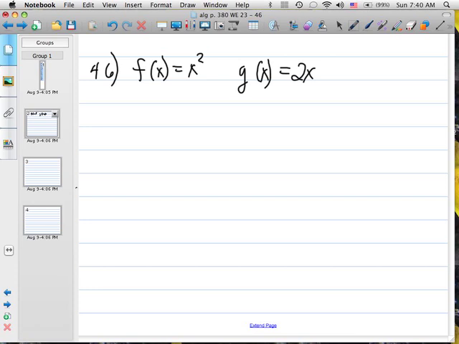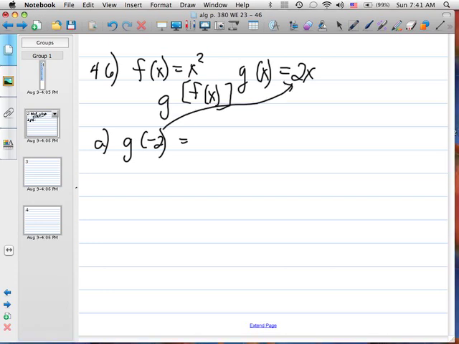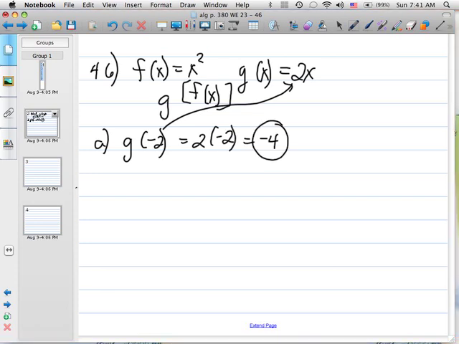And we're going to do what they call a composition of a function, where you have a function of a function. If that happens, you work out the inside function first, and whatever number you get, you put into the function on the outside. So A, we have g of negative 2. That means we're going to plug in negative 2 to that function. So 2 times negative 2 is negative 4.